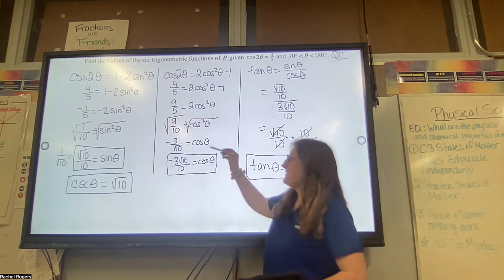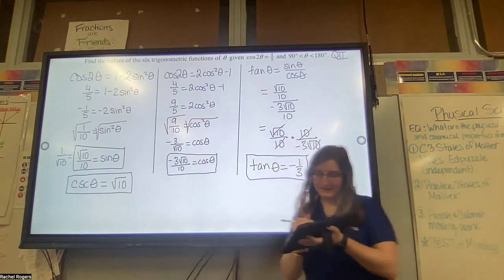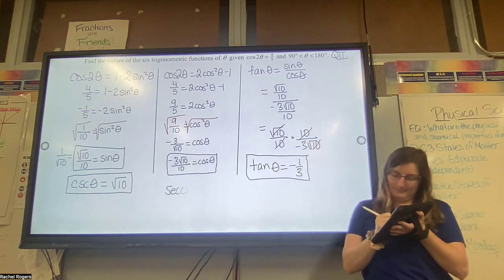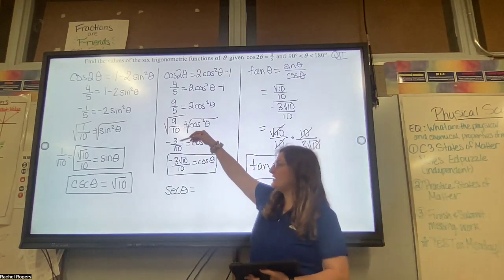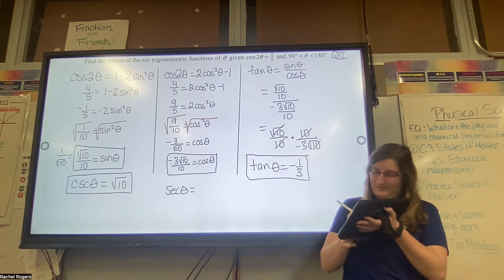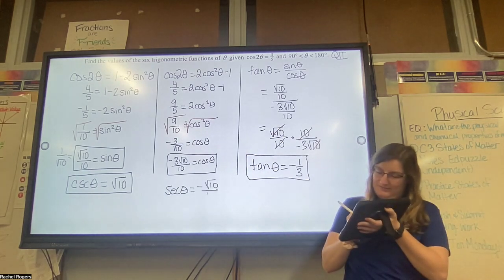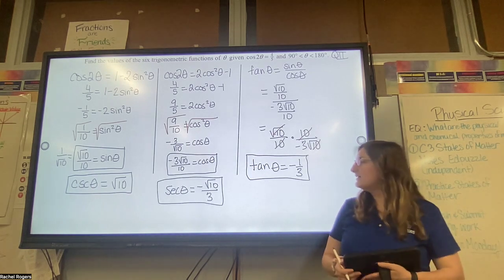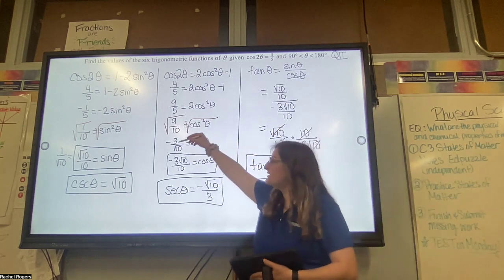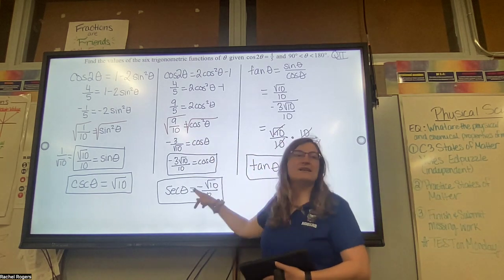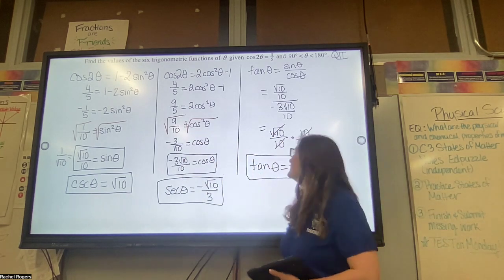What do we get for secant? Remember, you can flip the unrationalized version. Yep, and it's negative because cosine is negative.